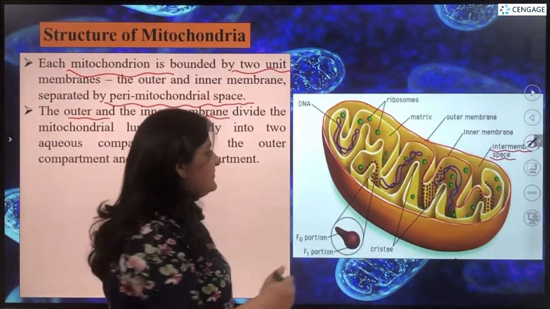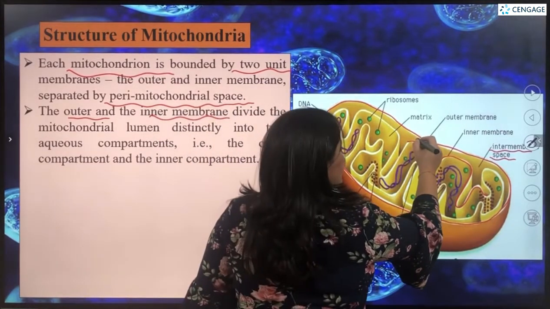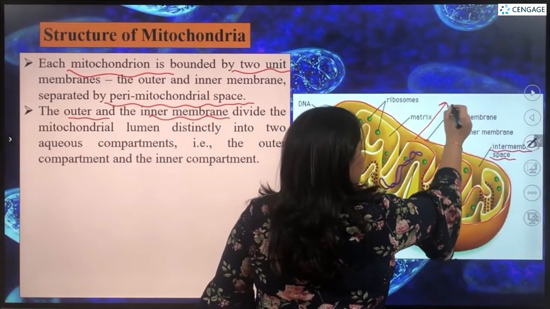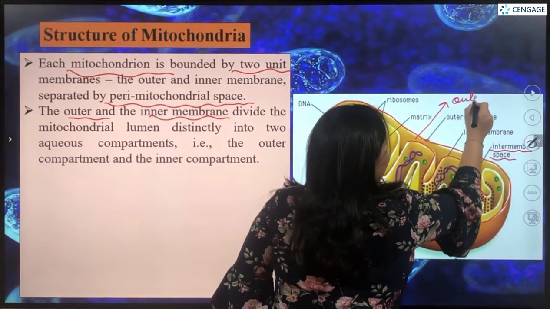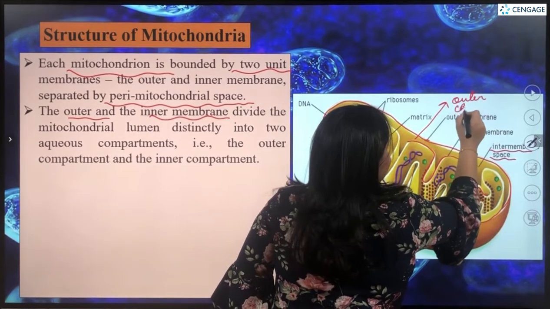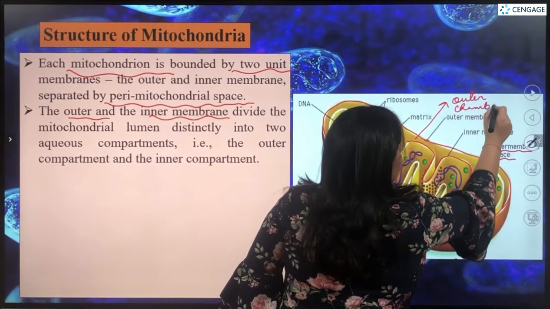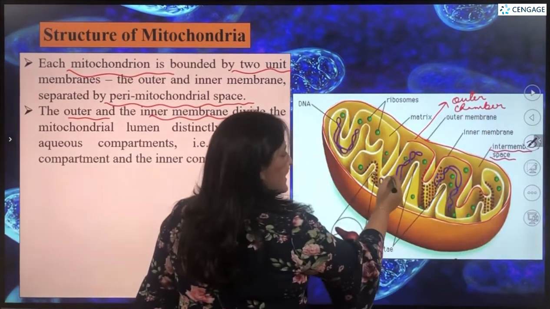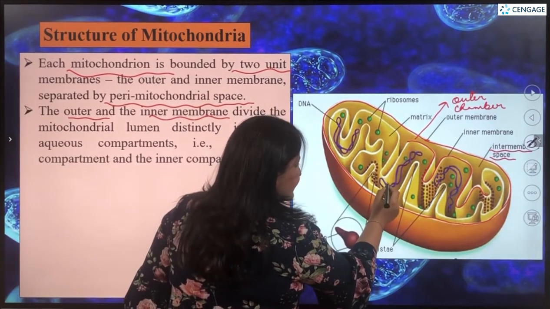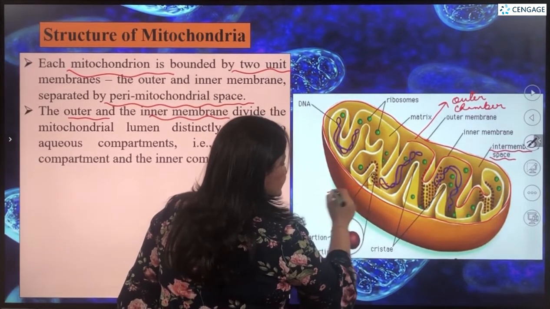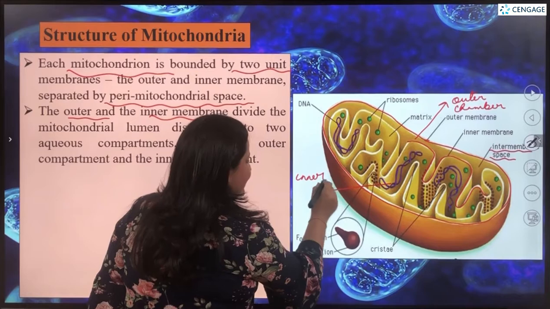So we can see over here, this area which is bound by the outer as well as the inner membrane will be referred to as the outer chamber. And the area which is limited only by the inner membrane, this whole area present inside, is known as the inner chamber.